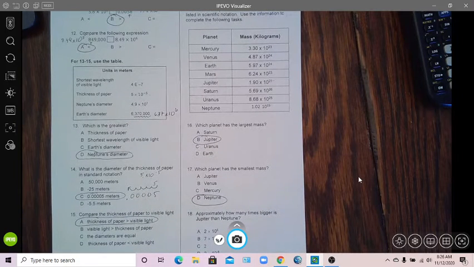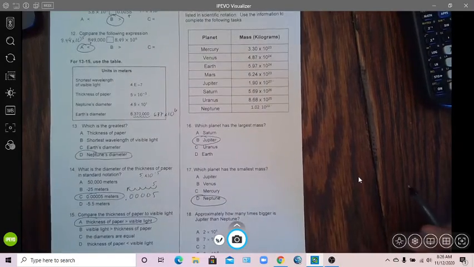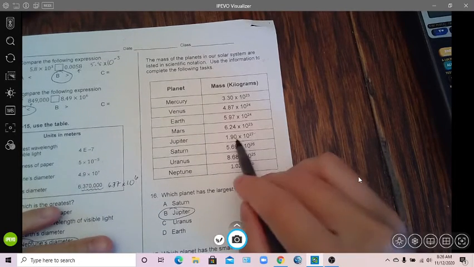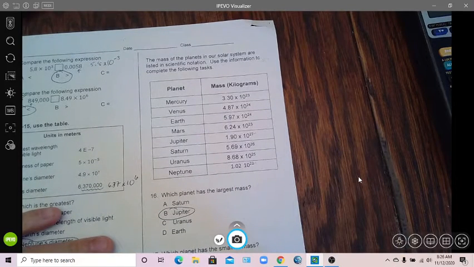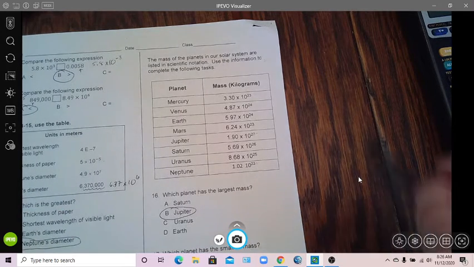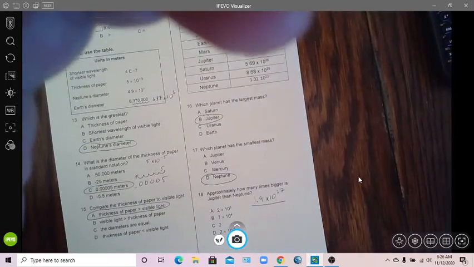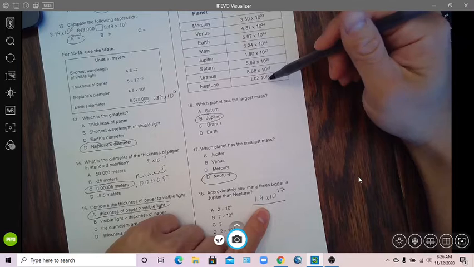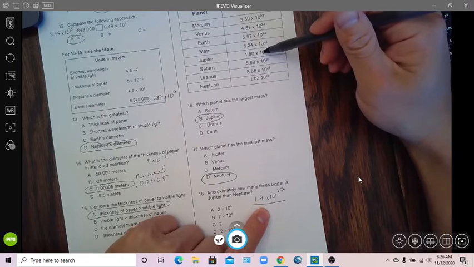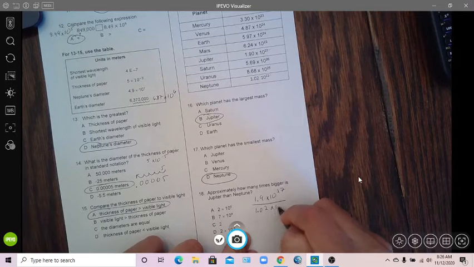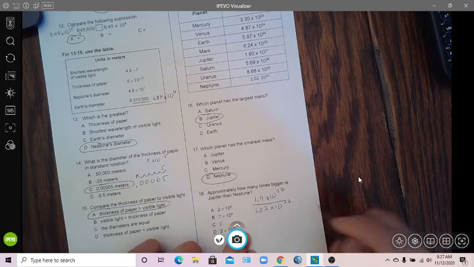And then the last question, approximately how many times bigger is Jupiter than Neptune? All right, so Jupiter has 1.9 times 10 to the 27. So I'm going to write Jupiter's mass, and then Neptune's is 1.02 times 10 to the 22nd.